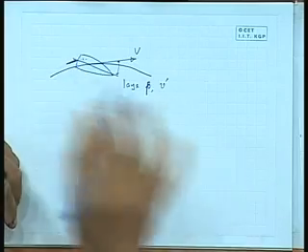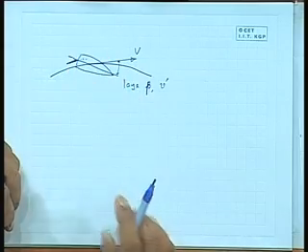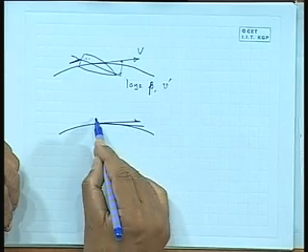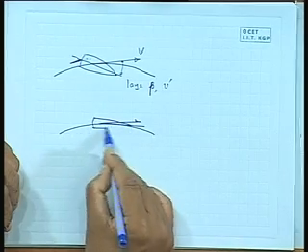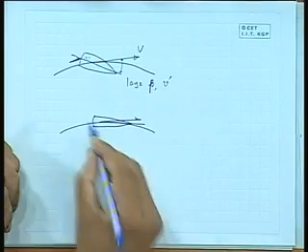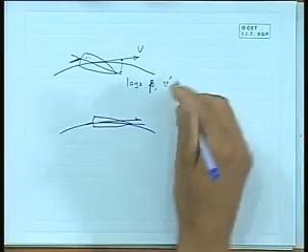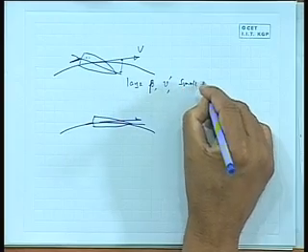Large rudder, or you can say large rudder angle. Small V dash, beta, if the rudder is turned small. That makes sense. And of course, small r.